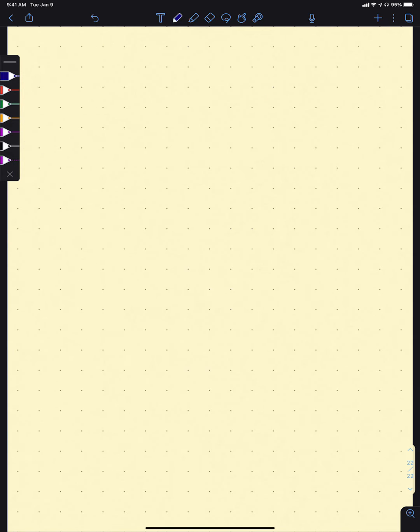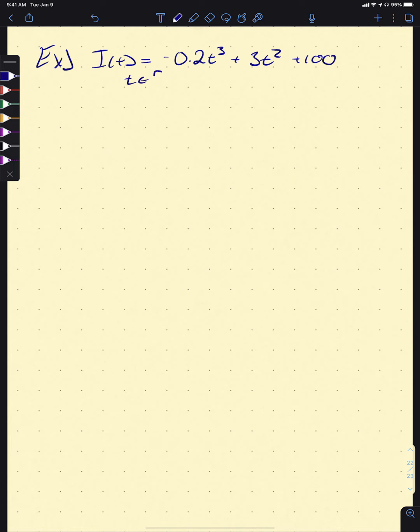Let's do a more concrete example. Say some function I of t. We'll say it's minus 0.2t cubed plus 3t squared plus 100 for t between 0 and 9.